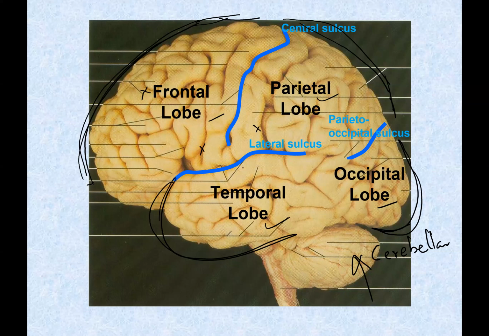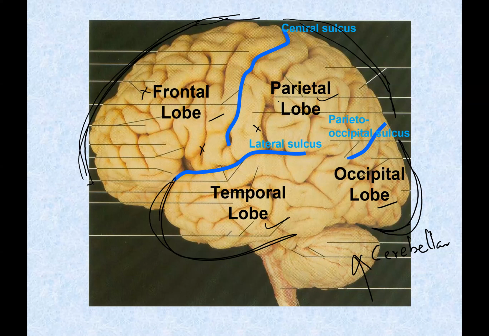So the temporal lobe is below the lateral sulcus. The occipital lobe is below the parieto-occipital sulcus. I don't know whether, as in this, there is a clear demarcation to separate these 2 lobes. No, the thing is, yeah, I get your point.